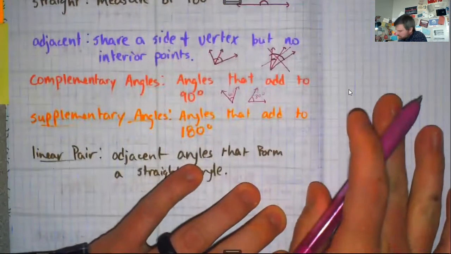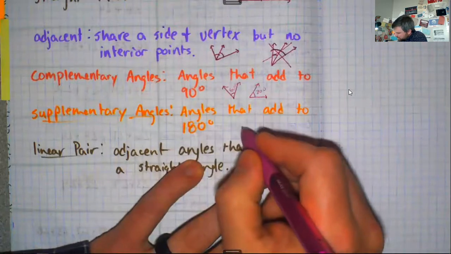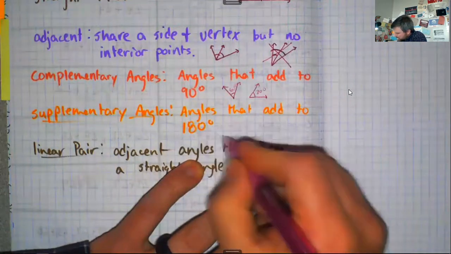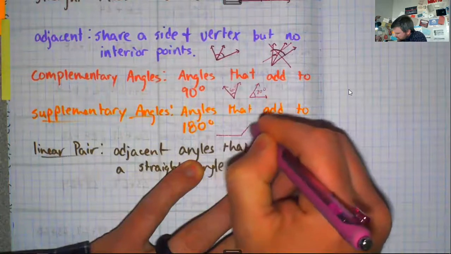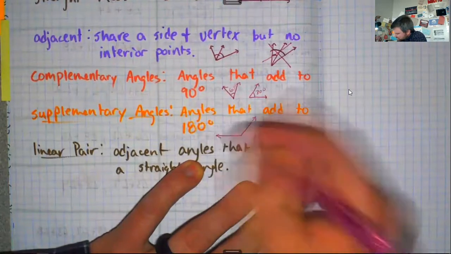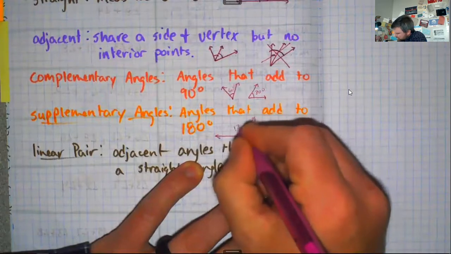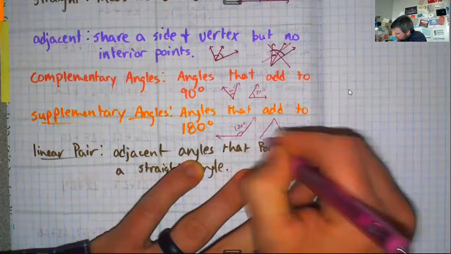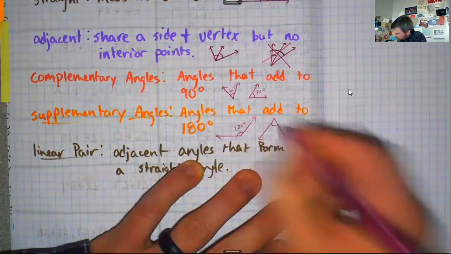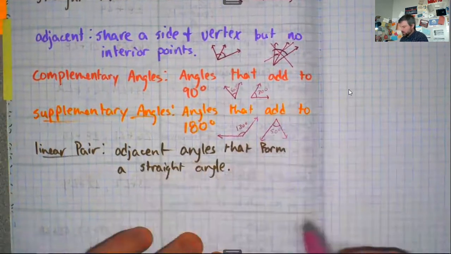So those are complementary angles. Supplementary angles are angles that add up to 180. Again, they do not have to be touching. So let's draw this angle here, and we'll call this 130 degrees. And then I'll draw this angle right here, and we'll call this 50 degrees. So 50 plus 130 makes 180.